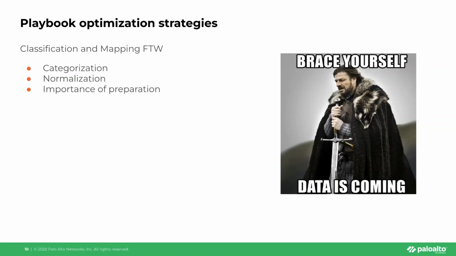So yeah, I promise I'll be diving into the demo, but just one common anti-pattern that we come across is the delegation of classification and mapping responsibilities to the playbook. In the playbook, these are usually manifested in the form of multiple conditional branches that determine the incident type based on some condition, and dedicated tasks to map information from labels to fields, respectively.